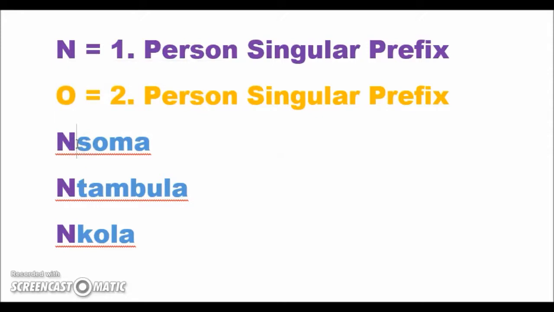In fact, we could replace the N here using the O. So nsoma, I read, becomes osoma, you read. Ntambula, I walk, becomes otambula. And nkola, I work, becomes okola. Osoma, otambula, okola.